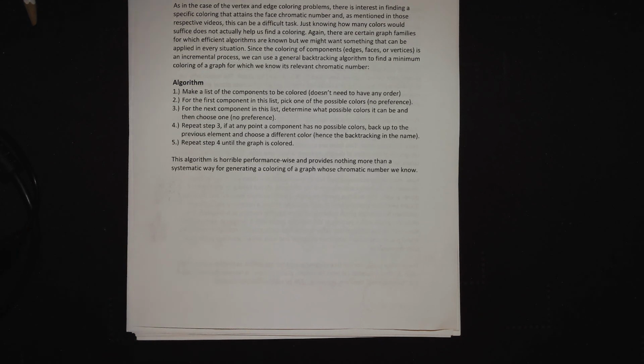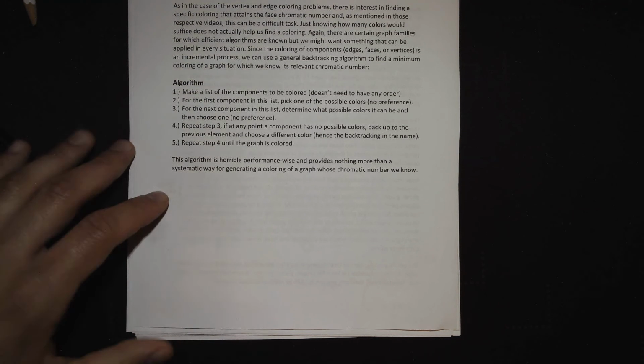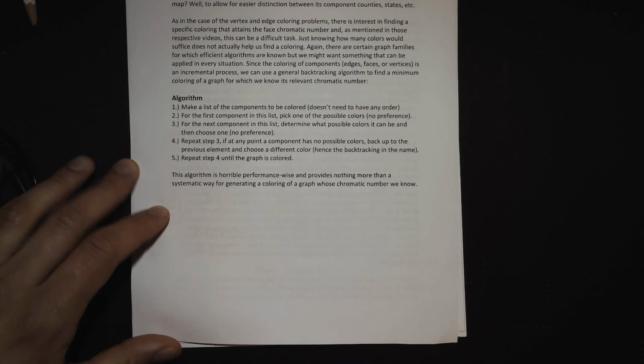There are many more applications of face coloring, but we're going to instead focus on an algorithm for finding a specific coloring for the remainder of this video. As in the case of the vertex and edge coloring problems, there's interest in finding a specific coloring that attains the face chromatic number, meaning that it uses as few colors as possible.